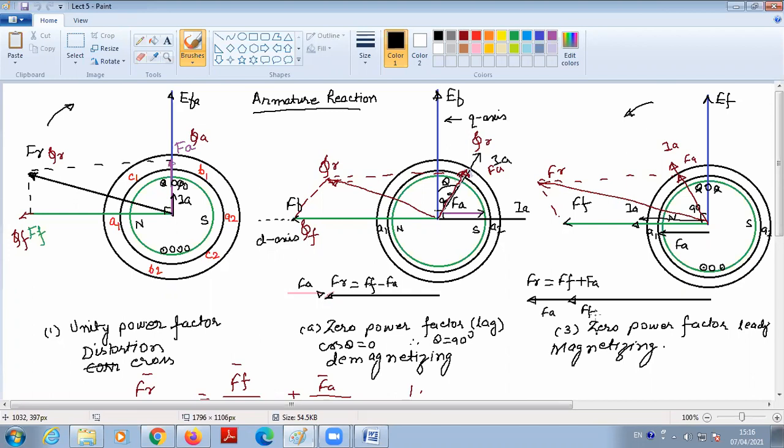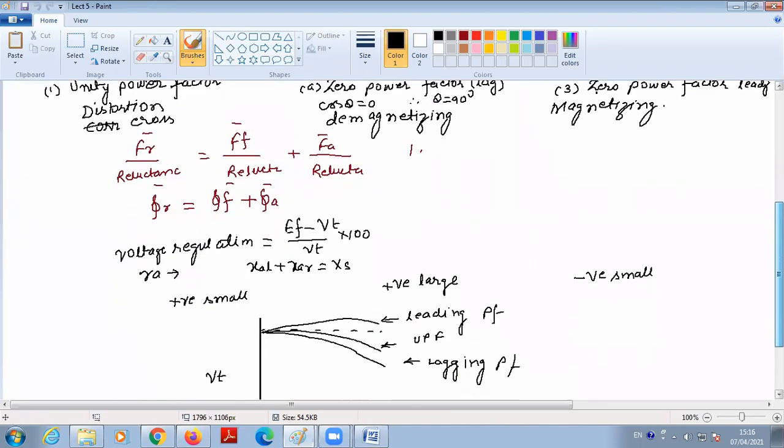So under any lagging power factor, the armature reaction effect is cross magnetizing and demagnetizing. Whereas for the leading power factor, the armature reaction is cross magnetizing and magnetizing. So cross magnetizing is common because it is near the unity power factor. The power factor of the alternator is very near unity, so the cross armature reaction effect is dominant.